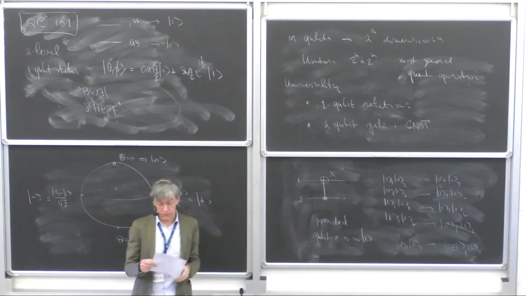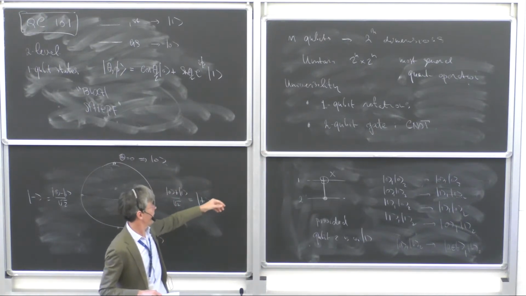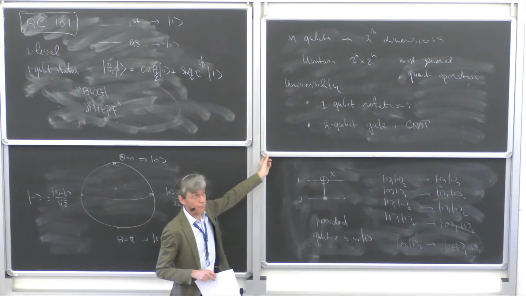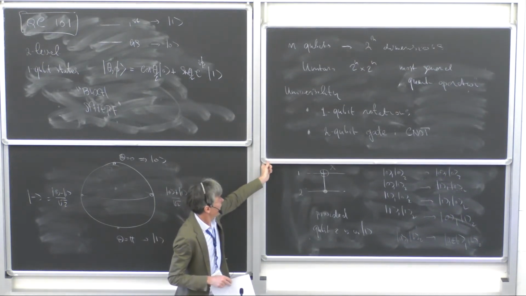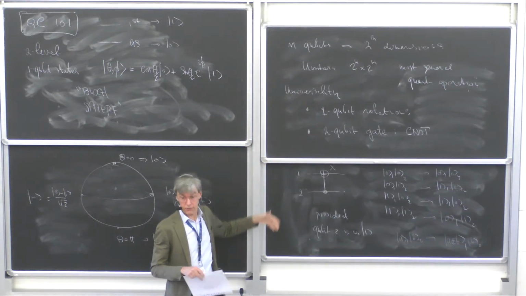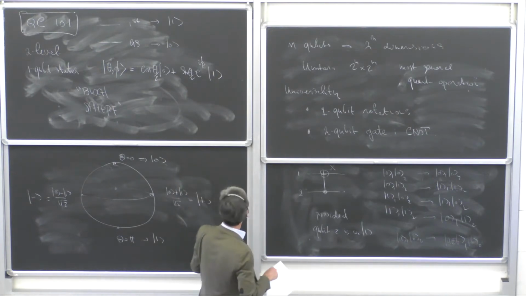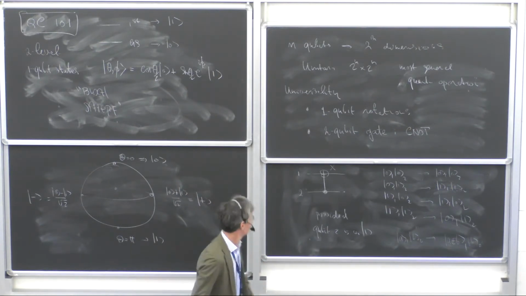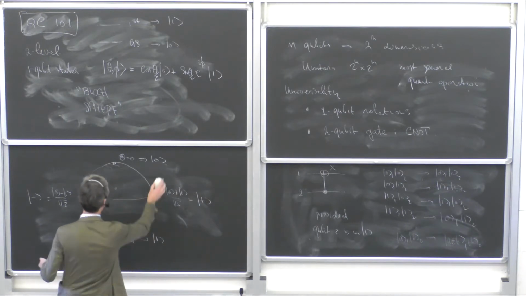And now the theorem, once again, is that any U on n qubits can be built by piling up lots of 1 qubit rotations plus CNOT rotations. So let me give you one example for that.